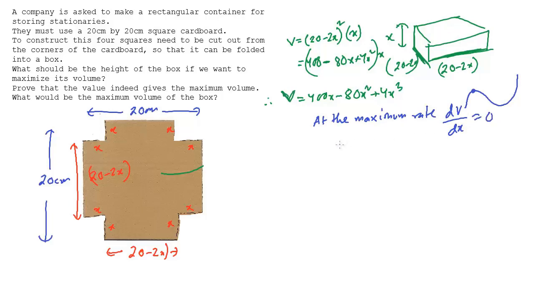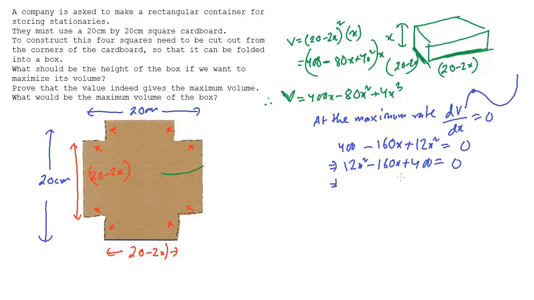So dV by dx is 400. The derivative of 80x squared is 80 into 2, 160x, plus 4 into 3 is 12x squared, equals 0. Let me simplify this by arranging it. So 12x squared minus 160x plus 400 equals 0.